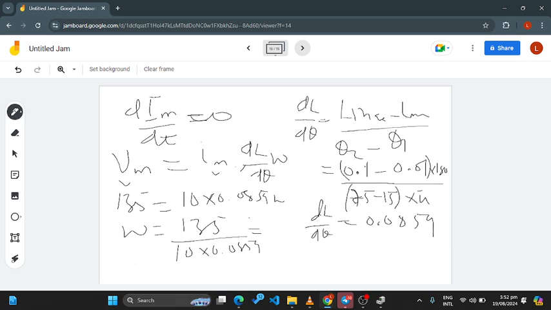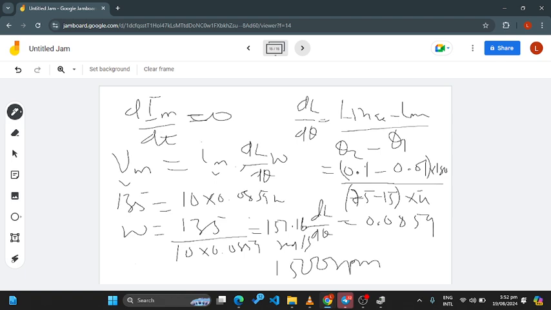That will be 157.16, and this is in radians per second. If you multiply this by 60 on 2 pi, that will give you RPM. So we are getting 157.16 rad per second. In RPM it is 1500 RPM, right? Yeah, so that's for the speed.